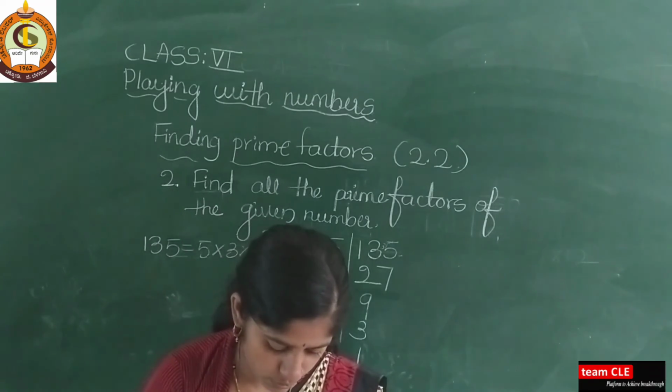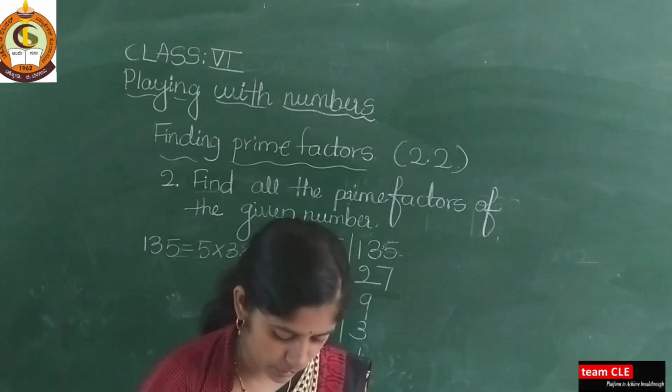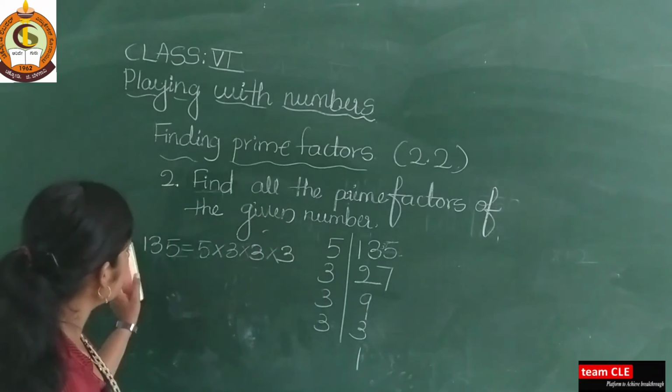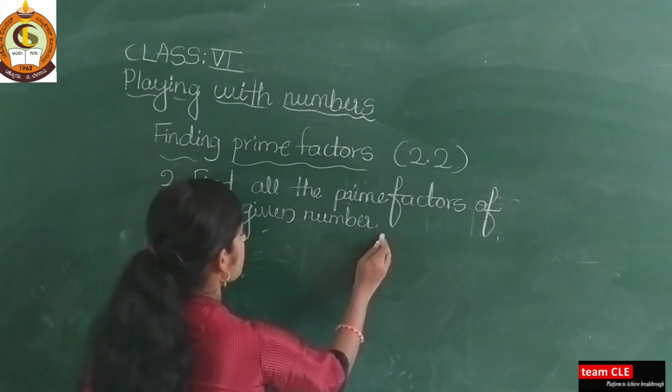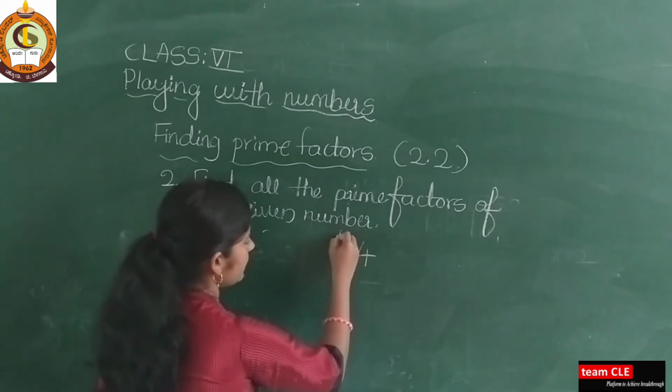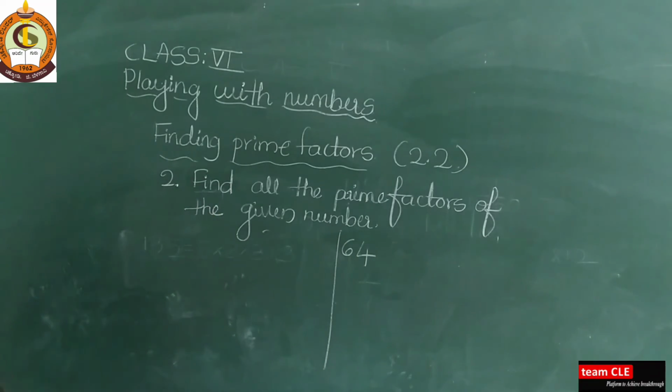So let us take one more example from your exercise, and I will take 64. Just try this example, just check it out. This number will divide with which number? Yes, this number will divide with 2.